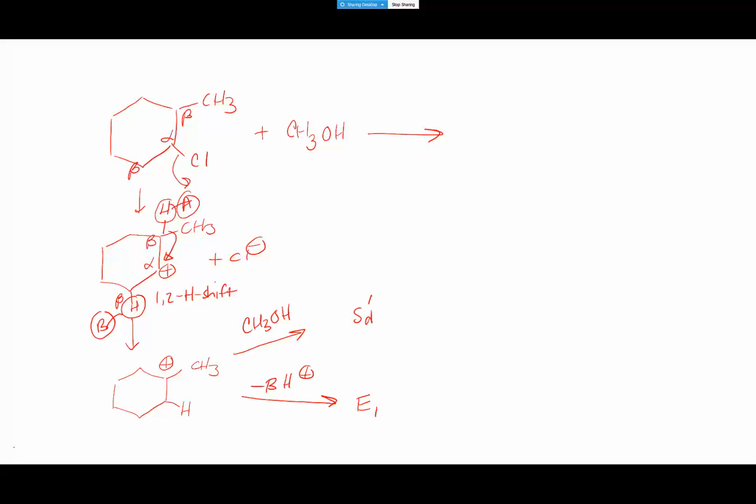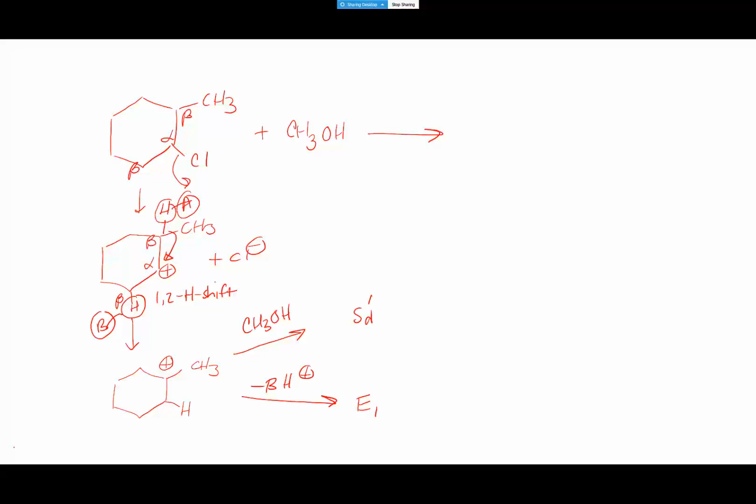And yesterday we didn't do this problem with a methyl group, we did it with an ethyl group, but it's pretty much the same thing. So that's what we need to do. We need to form the carbocation. For problems 1 and 2, you need to form the carbocation, rearrange it, and then do the SN1 and the E1.